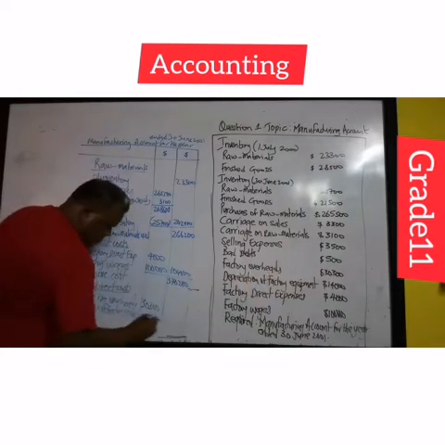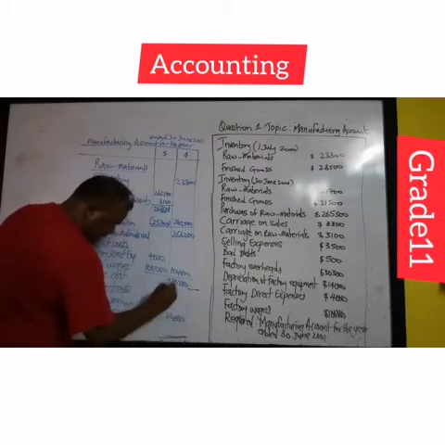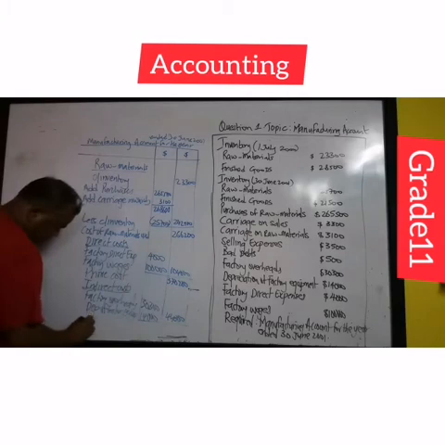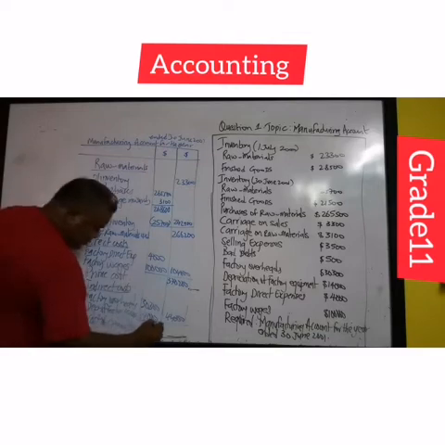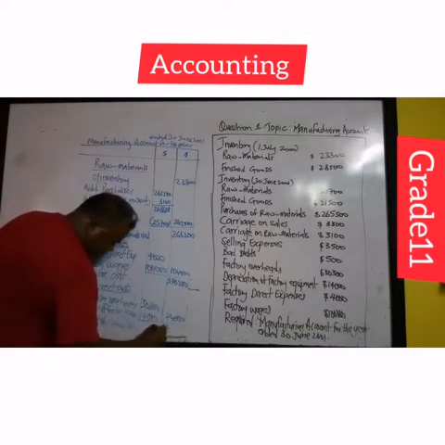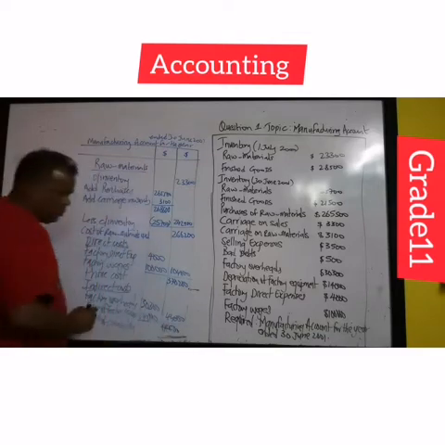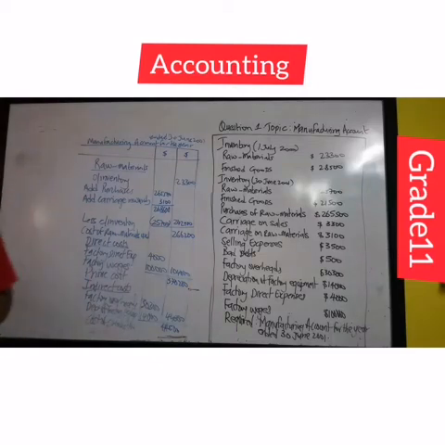Then we add both, that gives us 44,300. And then we will get cost of production. So this is a format which has already been given to you. Cost of production, 414,500. So this is the format for manufacturing account.